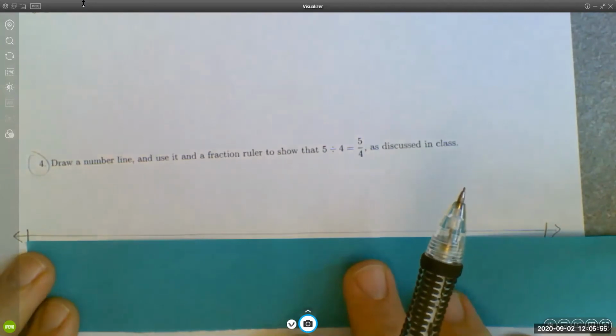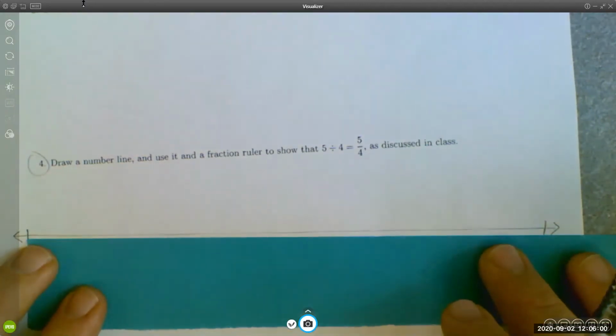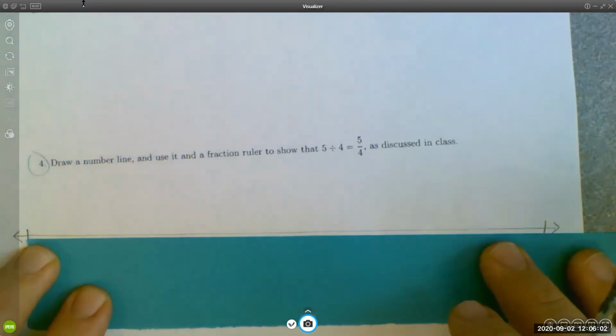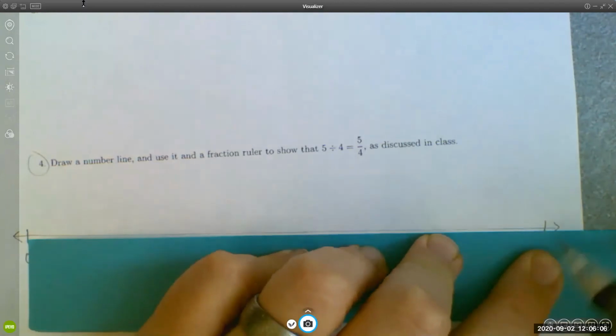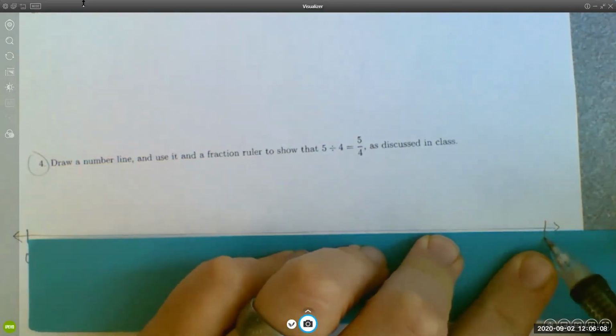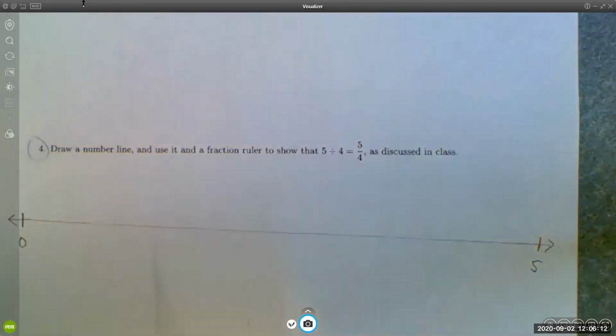So to do that, I'm going to try to line this up right on the corner there. And then I'm going to mark where 5 is. And then I'm going to try to split that distance into 5 equal parts.